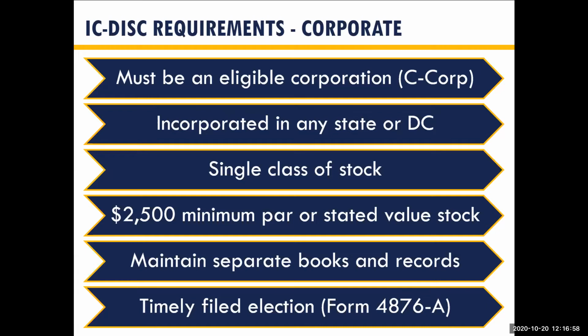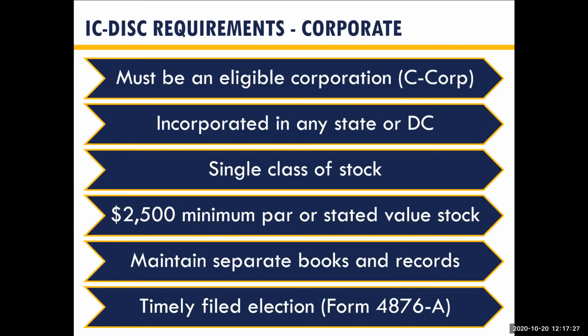And lastly, but probably most important, the corporation has to file an election with the IRS to be treated as an IC-DISC. And this election is due 90 days after the date of incorporation. That deadline is very important because if you miss it, you won't be able to elect to be treated as an IC-DISC until the following year.